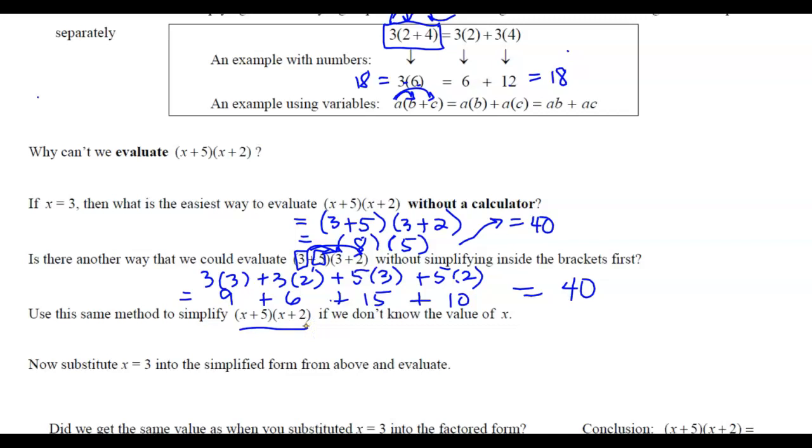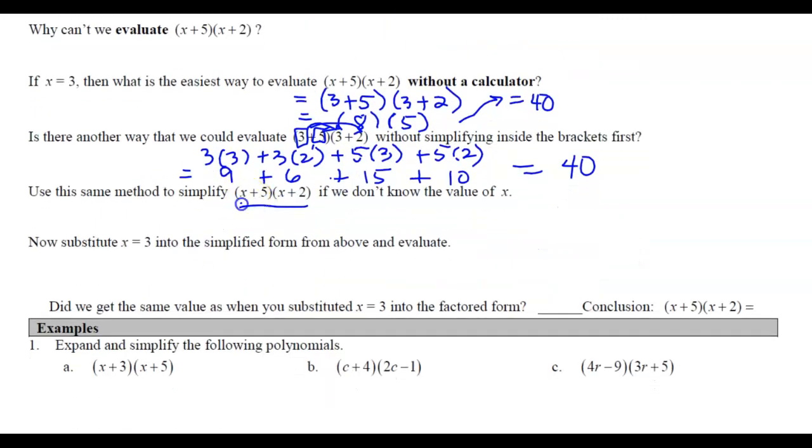Okay, so you have to distribute every term in the first binomial with every term in the second. So if it's a binomial times a binomial, you'll have 4 terms. Usually you'll be able to collect some of those like terms. So here, x times x is x squared. x times 2 is 2x. I like to put the number in front, not x2.